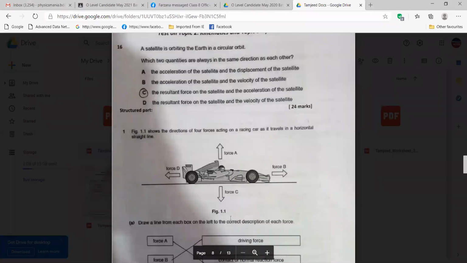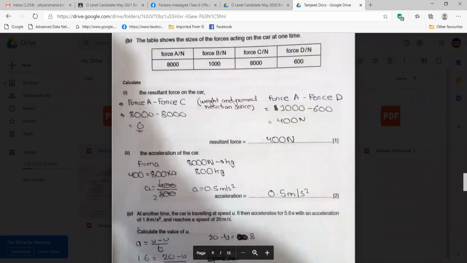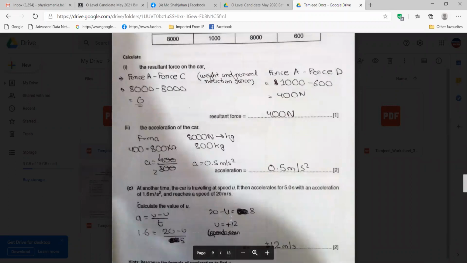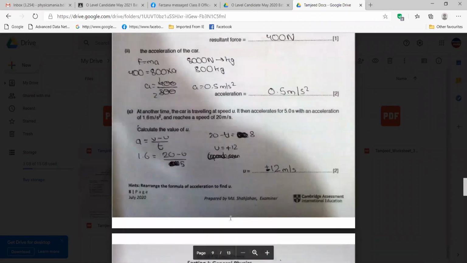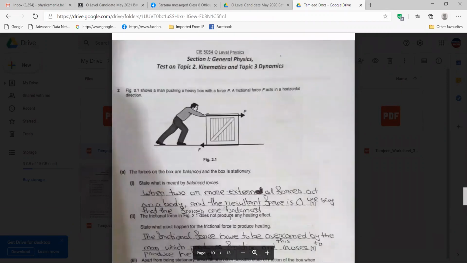Then let me check if there is anything to correct in the structured part. In the structured part there is nothing to correct, only a small thing maybe in writing. Let me check.